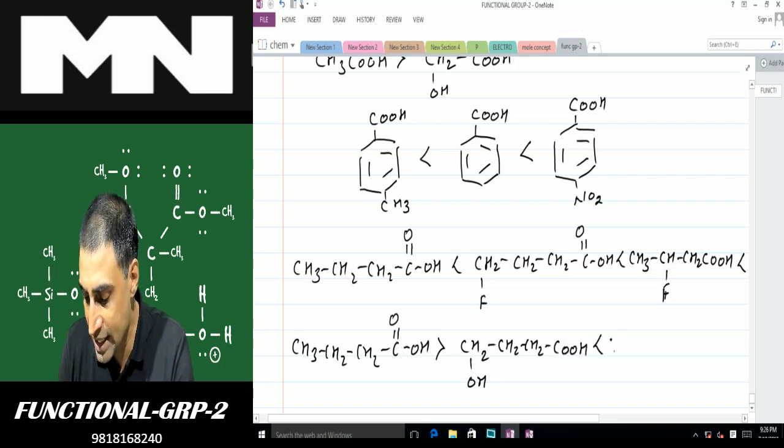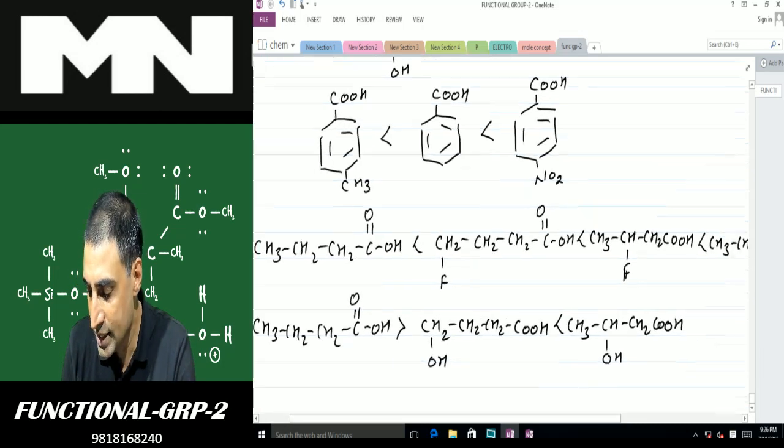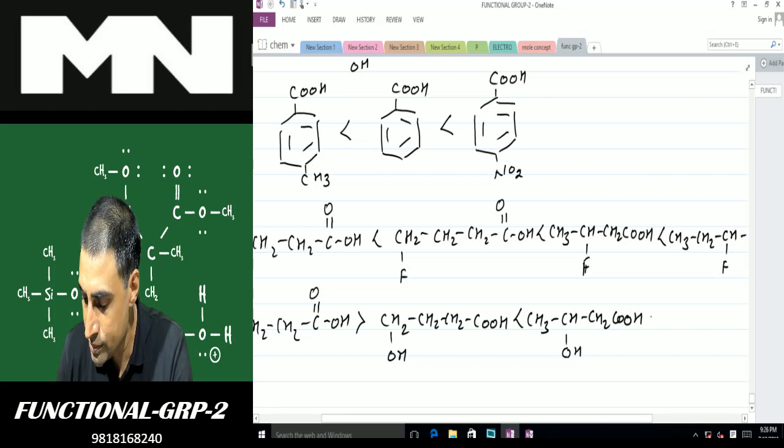That is more acidic than 3-hydroxybutanoic acid. And that is more acidic as compared to 2-hydroxybutanoic acid.